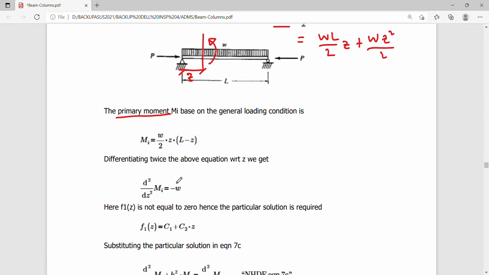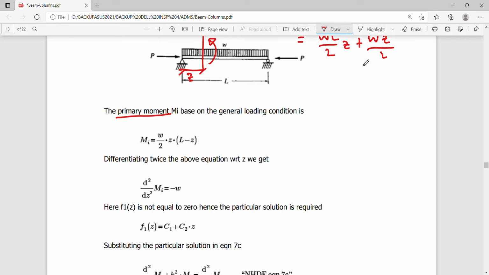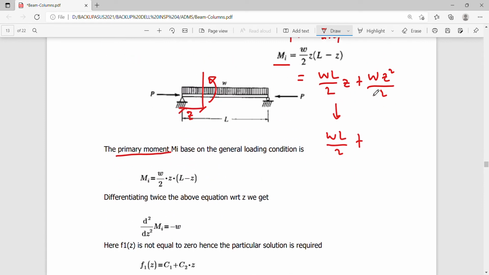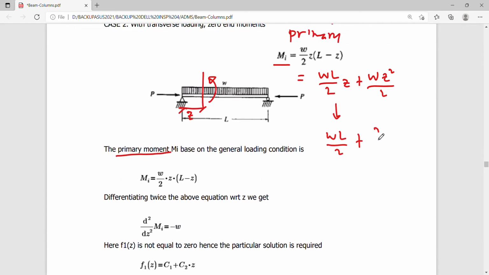So differentiating twice, take note that the above equation with respect to z, we simply get negative w. Okay, so we're just trying to differentiate this. If we take the derivative of this, it will be L over 2 plus 2wz over 2. Okay, so if we differentiate it again, this will become 0 plus w.